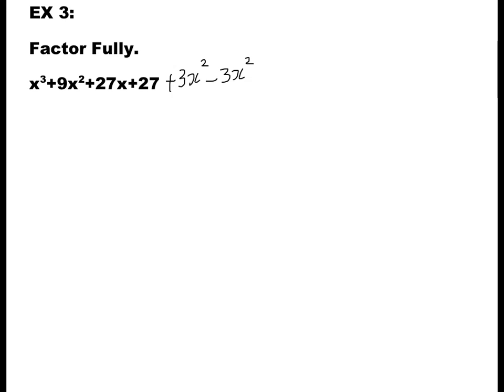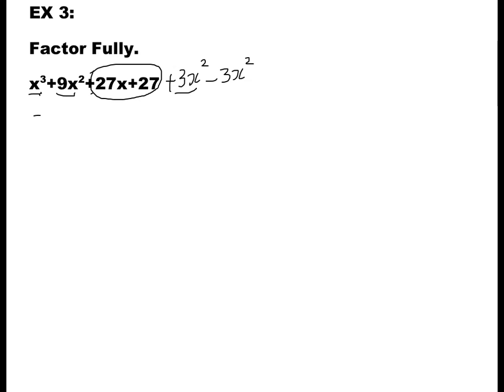But now I'm going to take the first term, the second term, and 3x squared together, and then 27x and 27 together.